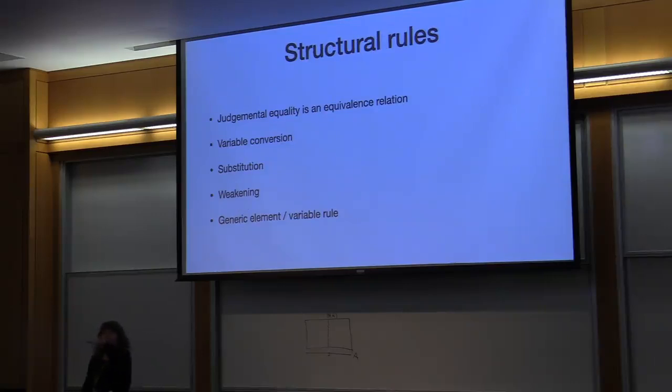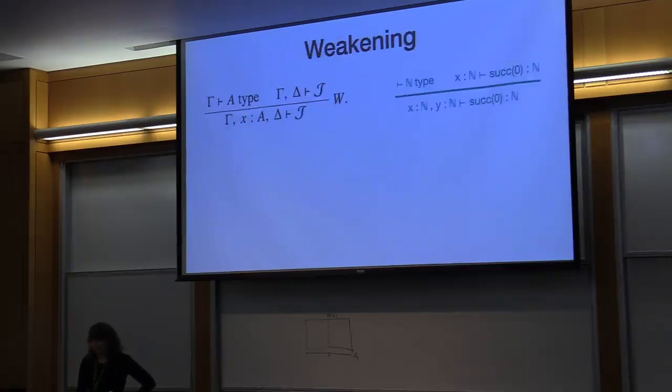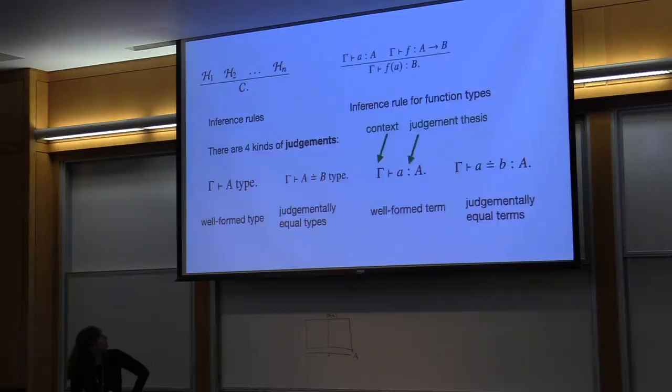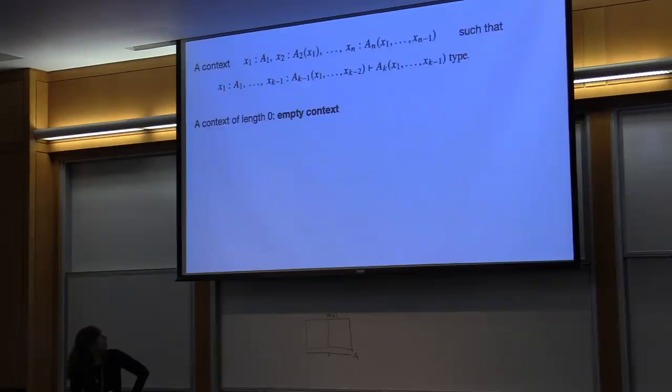Could you go back to the slide that defines the context? That's a long way back. So, is it saying that in order to be a context, it has to be the case that all of these already are types?